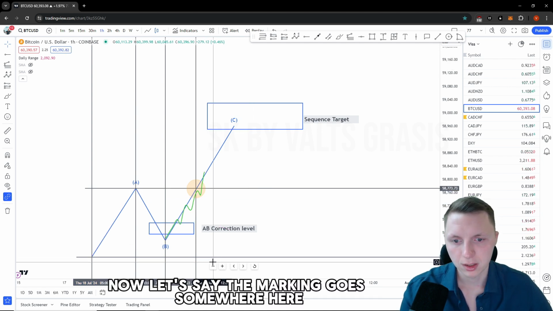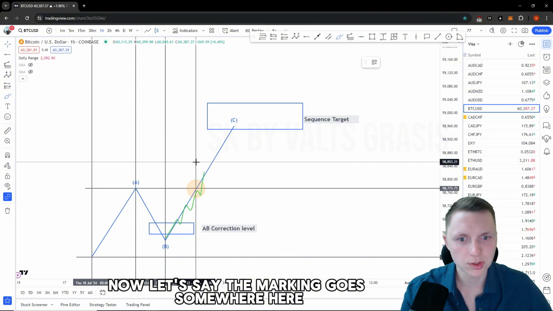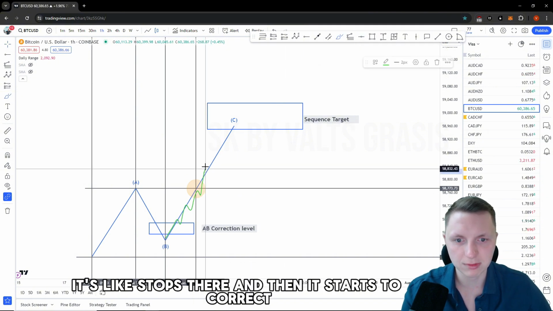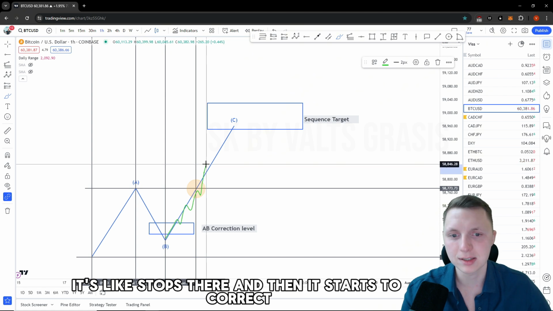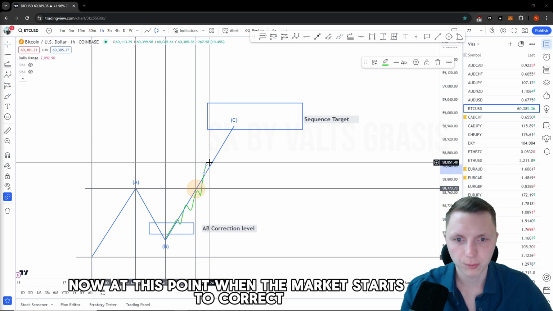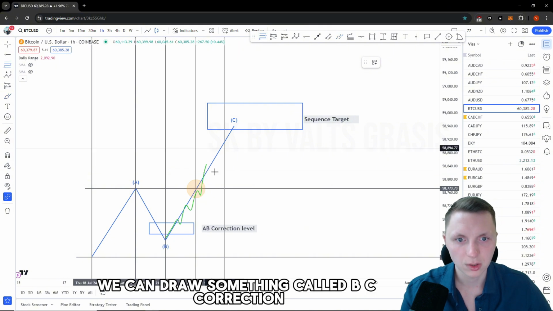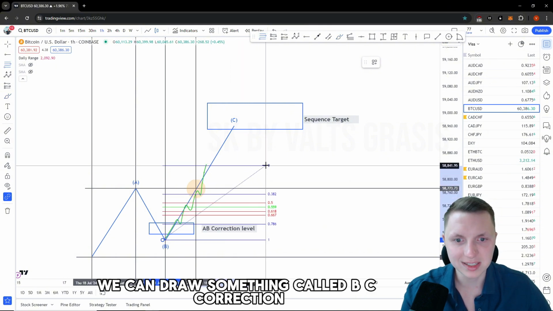Now, let's say the market goes somewhere here and doesn't hit the sequence target straight away. It stops there and then starts to correct. At this point, when the market starts to correct, we can draw something called the BC correction.